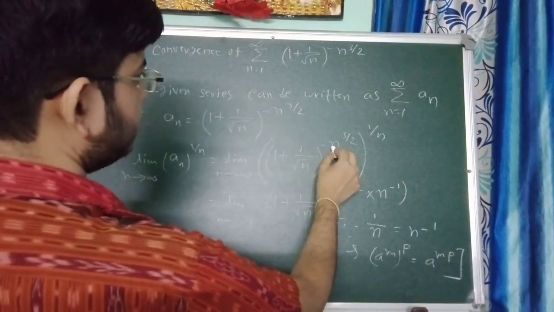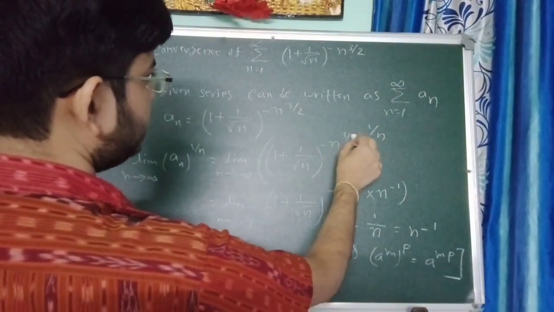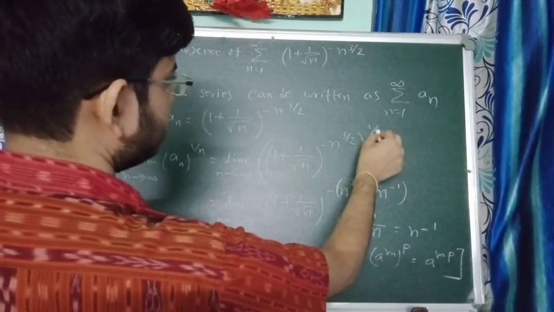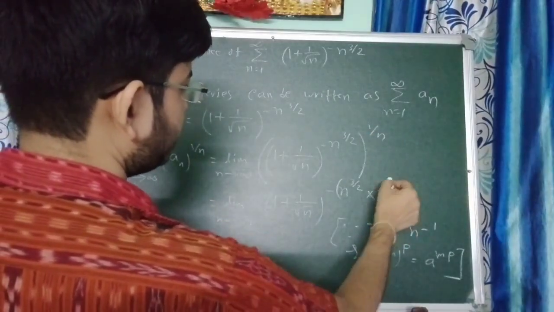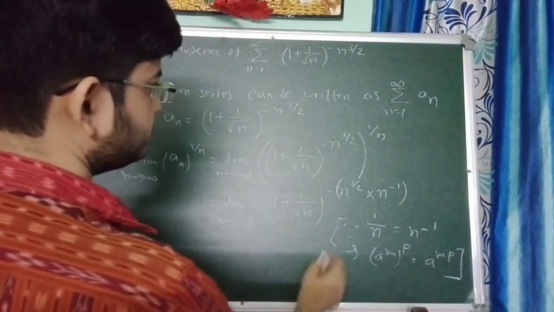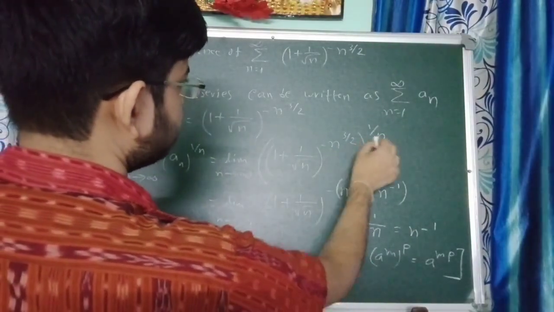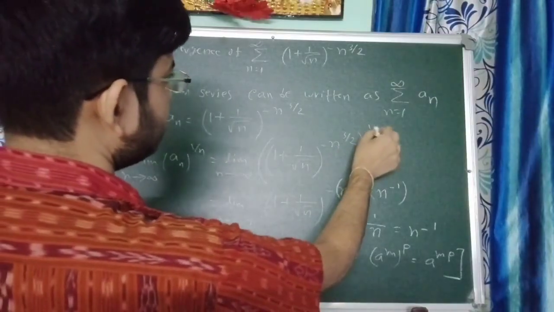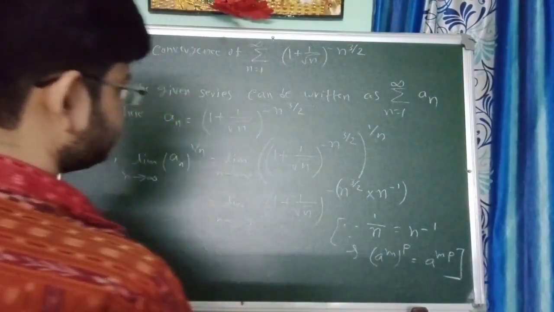Here we have minus n to the power 3 by 2 and here 1 by n. So 1 by n can be written as n to the power minus 1, and we multiply these two expressions, n to the power 3 by 2 and n to the power minus 1.